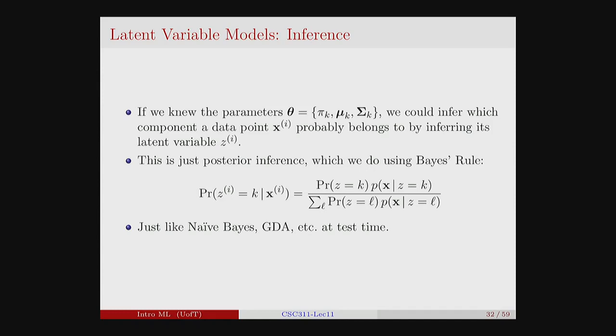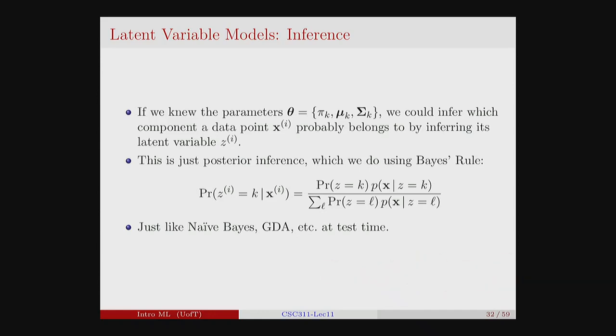So if you have 3 components in your mixture, you can evaluate what the probability of each of them is for any given data point, because you can take the assumed values of the parameters and substitute them in here. Because the first term would just become pi k, the second term would just become the evaluation of a Gaussian PDF at xi given mu k and sigma k.